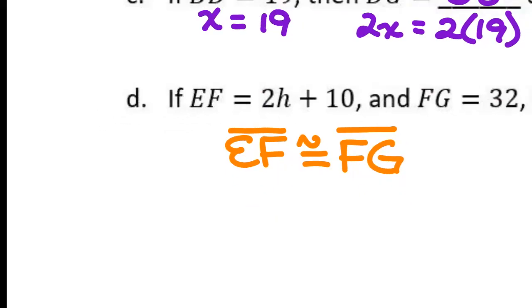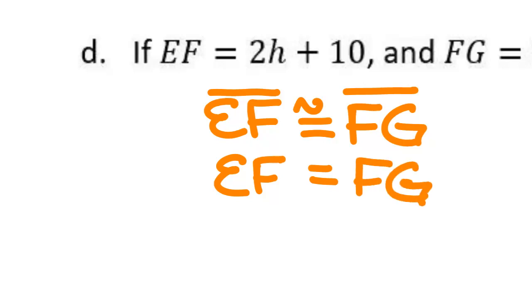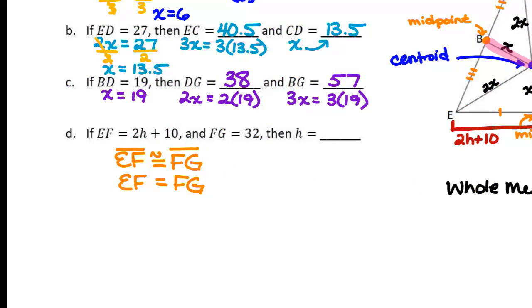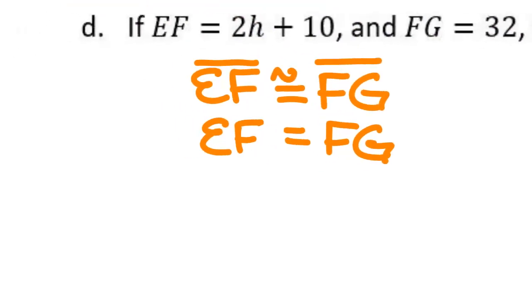And if those two segments are congruent, then what do we know about their measurements? They are equal. So the measurement of segment EF is equal to the measurement of segment FG. So that means 2h plus 10 is equal to 32.